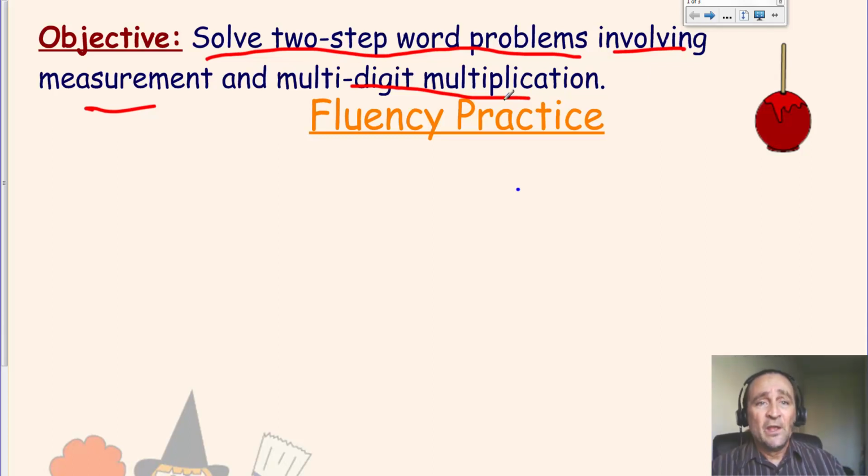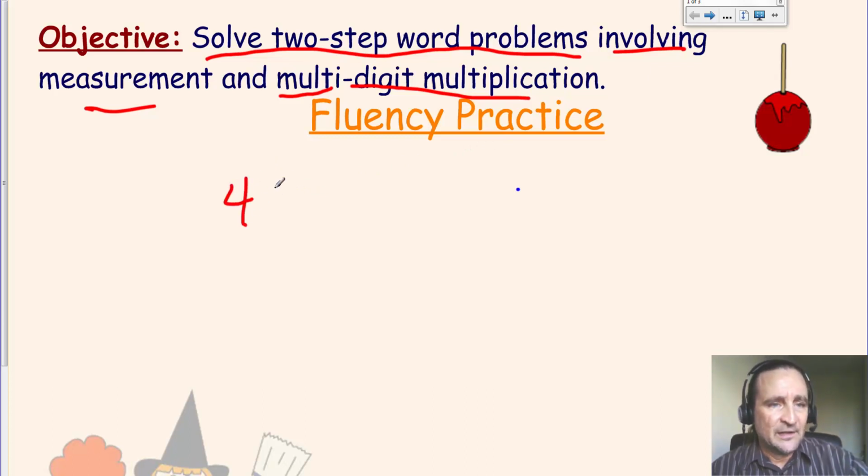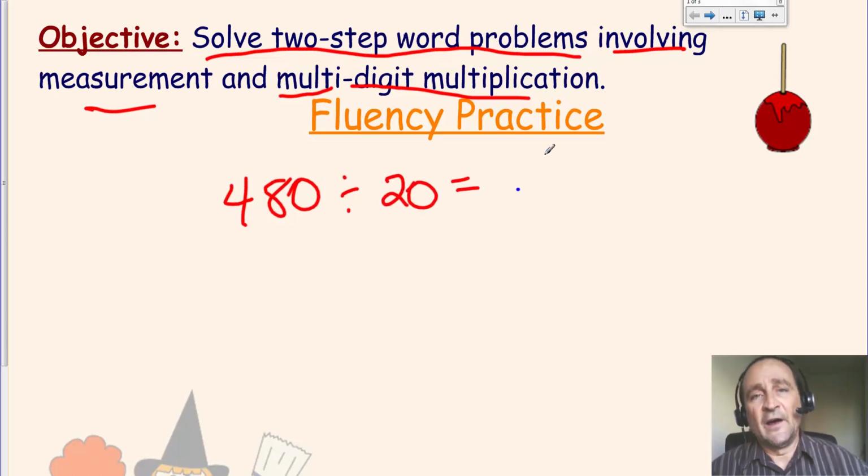Just kidding. Hey, it is a review here, what we've been doing with this multi-digit multiplication. So what we're going to do is just keep building upon some of those things that we have. So let's go ahead and do some fluency practice. And if you recall, we did some different stuff like estimating and finding easy ways to find quotients to the division problems.